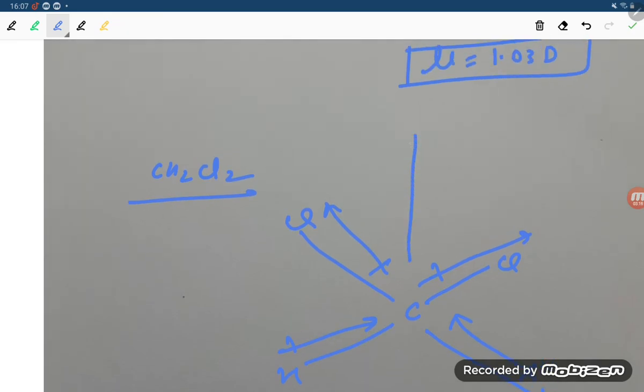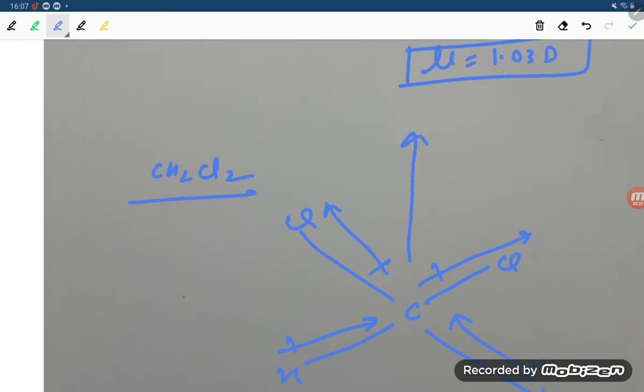Now when you are talking about CH2Cl2, student, how will you draw the diagram? Carbon, here is Cl, here is hydrogen, and then again here is Cl, and on this side hydrogen. The electron is moving towards the more electronegative atom, and these are all going in the same direction, so the resultant will be between these two.